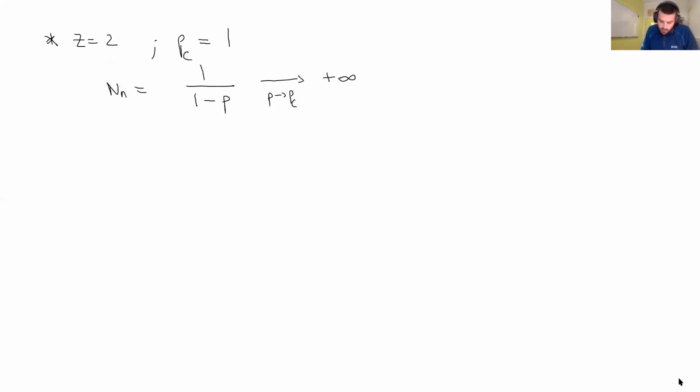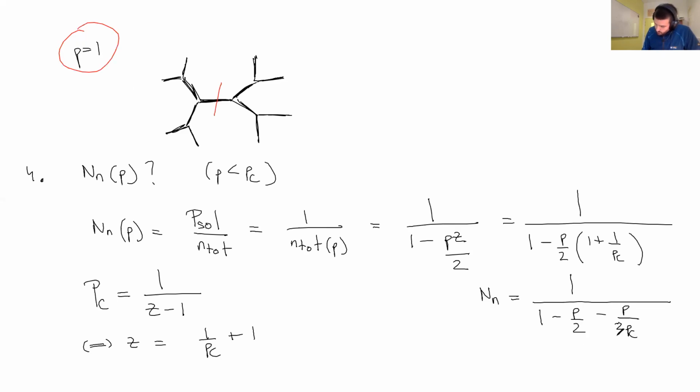So that's particular. In contrast, when Z is more reasonably bigger or equal to 3, then the previous expression can be written here.